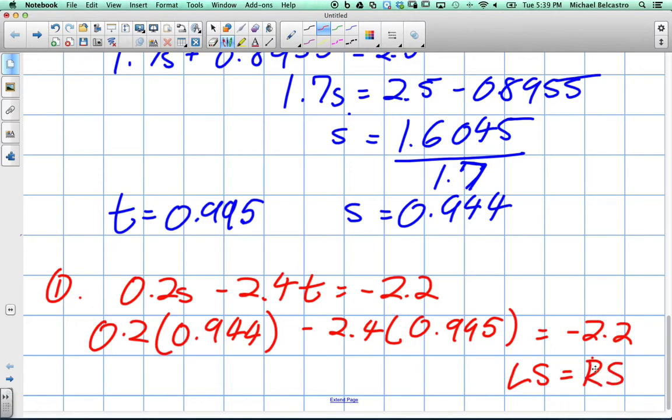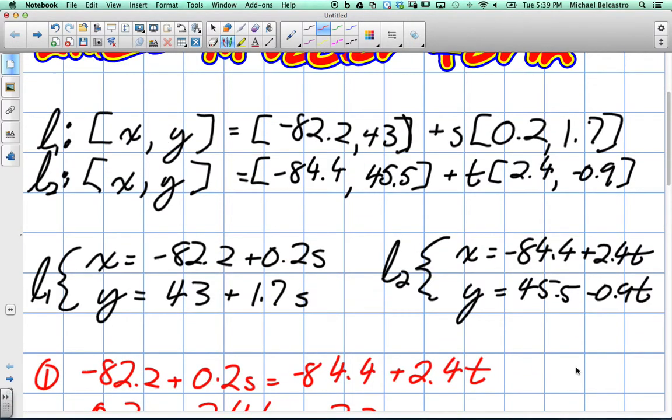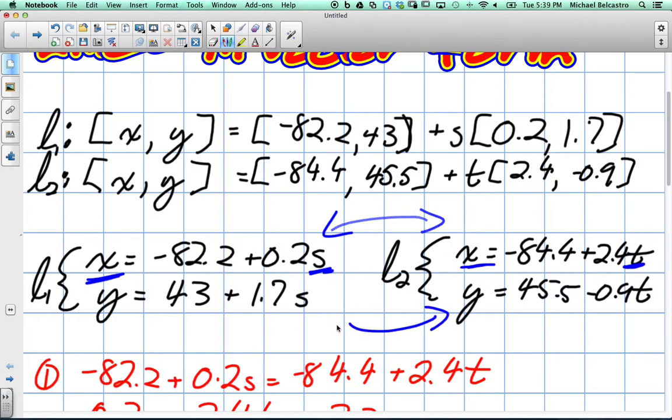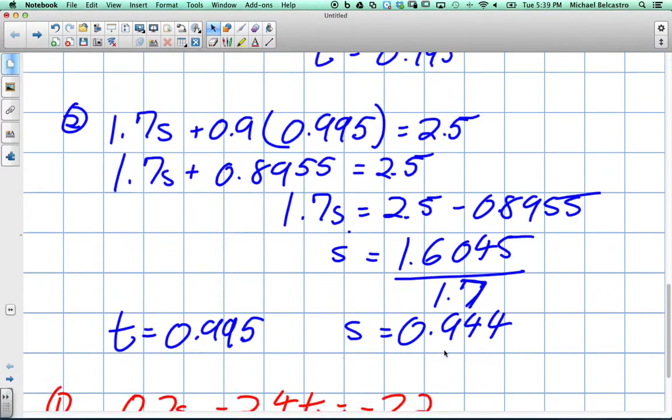Great. So now that we have those values, we can plug into our original equations. That was just our check. So we plug in the s value, and that'll give us an x. Or you can plug the t value in here, and that will give you the x. And vice versa, we can do the same on the bottom. So I'll bring those values up. Let's steal them from down here.